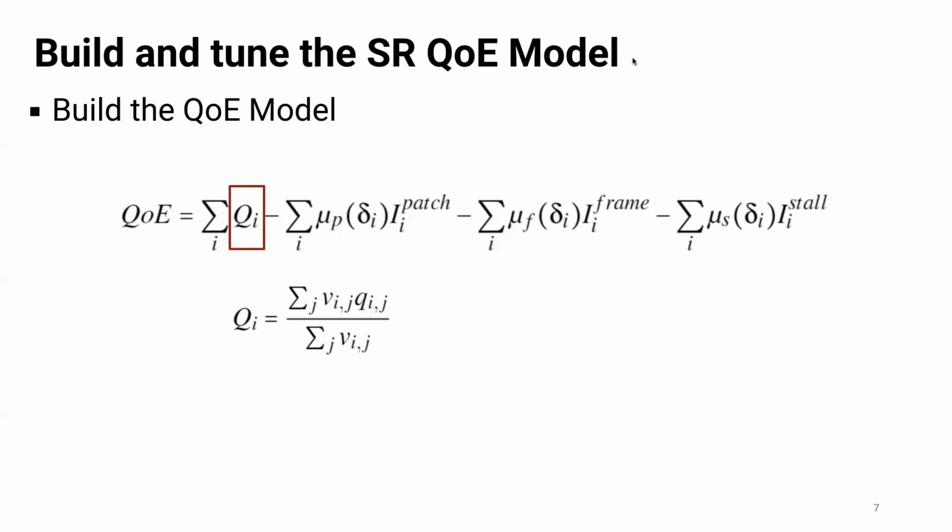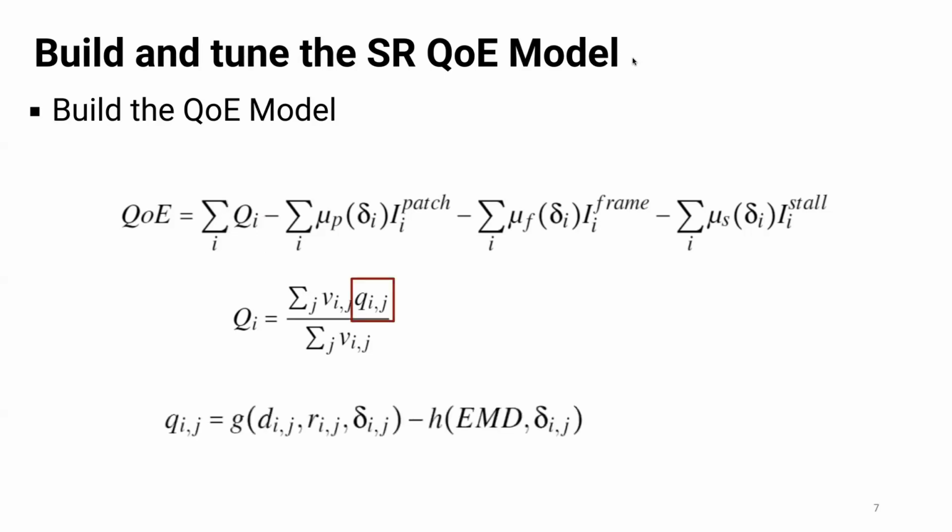And Vij is the visibility of the j-th patch, which is determined by the user's sight and the point cloud position. So basically, Qi, the quality of the i-th frame, is the average of the quality of every patch, and the quality of the j-th patch of the i-th frame is defined in this way.